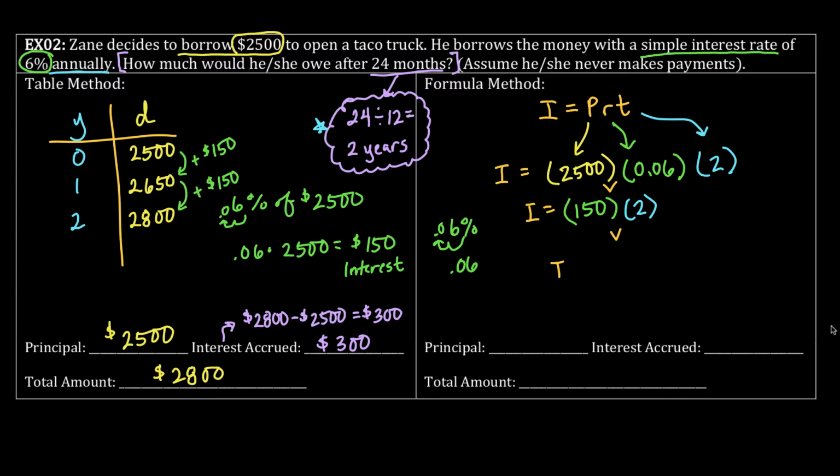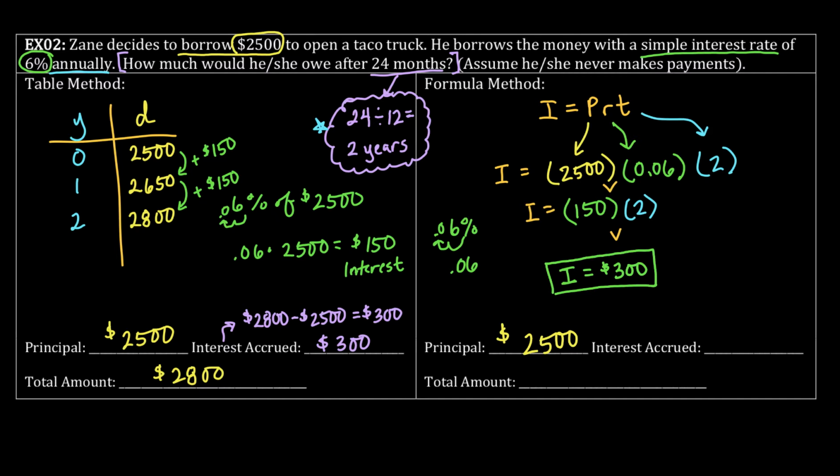So let me go back to green. My total interest then, that is accrued, that is earned, or that they earned at least, was $300. So the principal amount that Zane took out, before the interest started accruing, was $2,500.